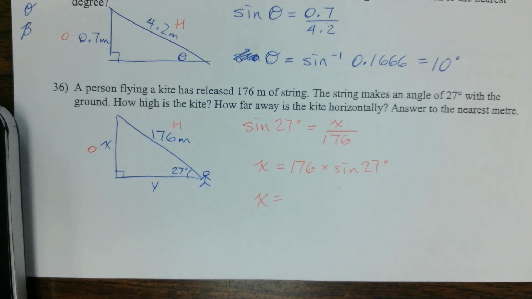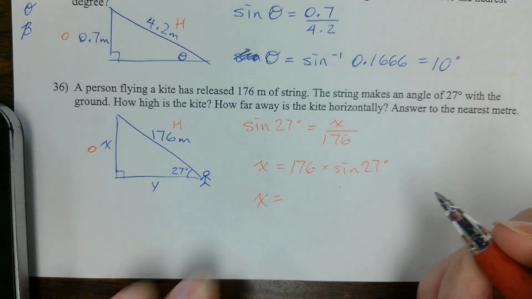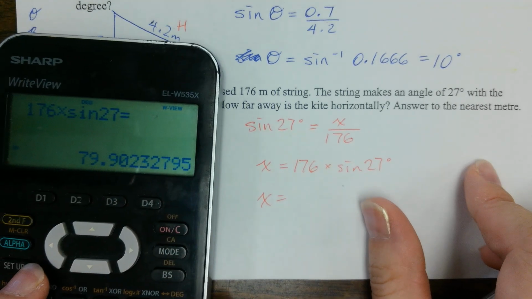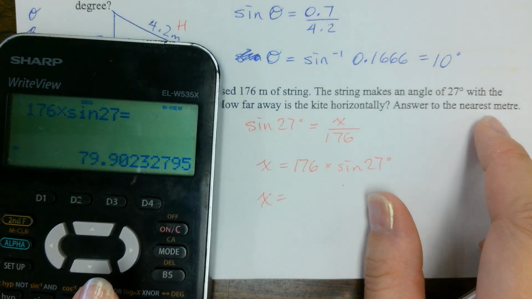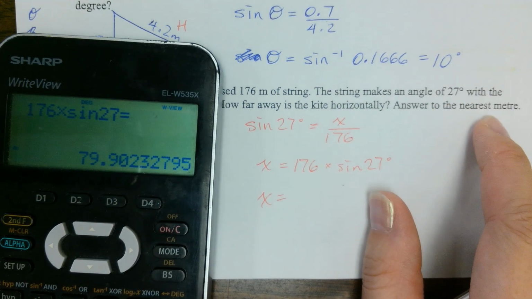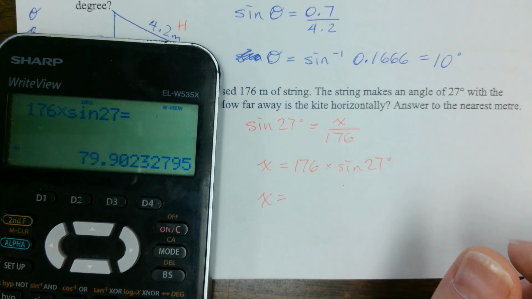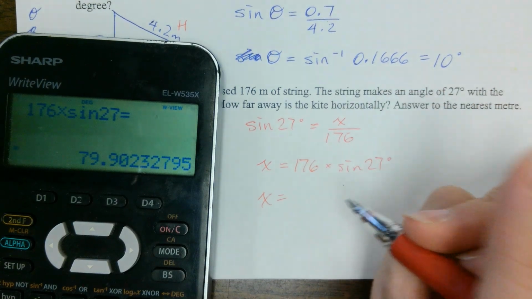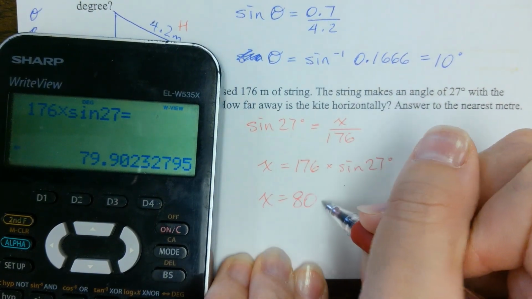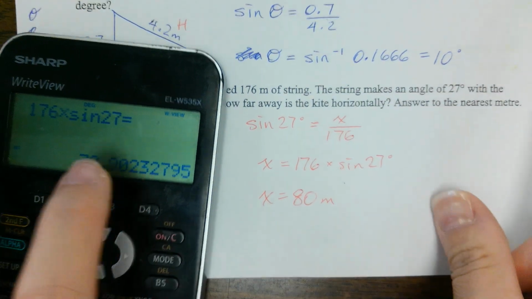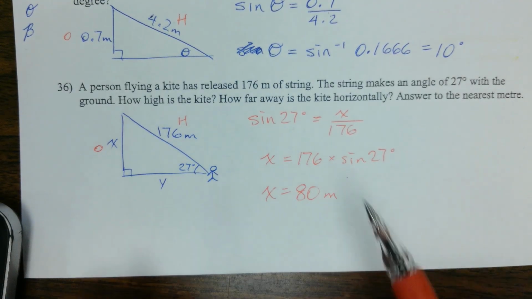So 176 times sine 27 degrees, I get this answer, to the nearest meter. What do I round it to? 80, right. See, silly mistakes. 80 meters. So the kite is 80 meters high.